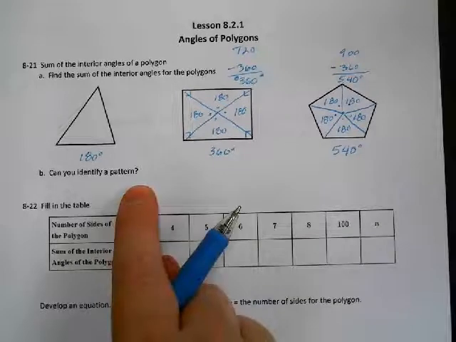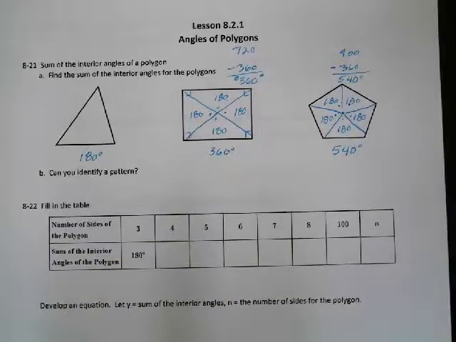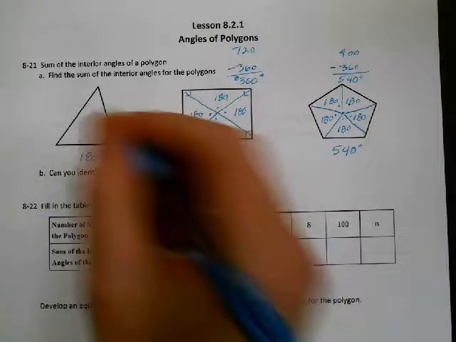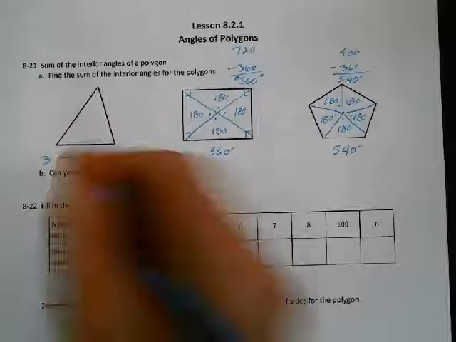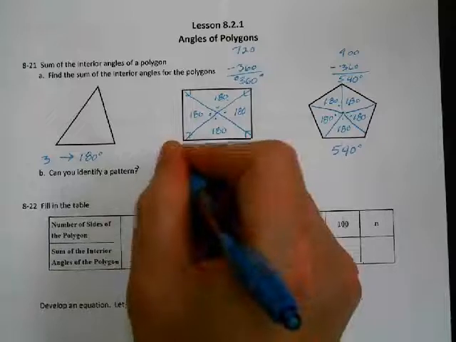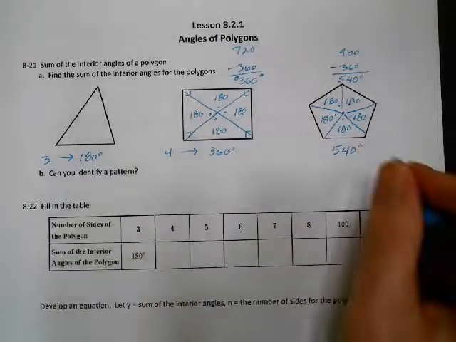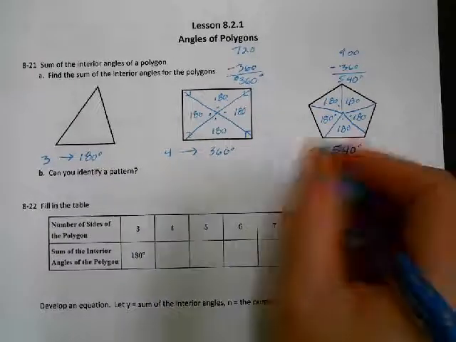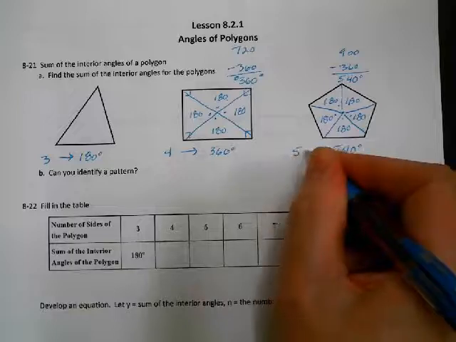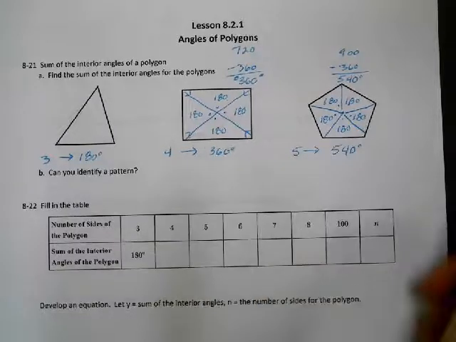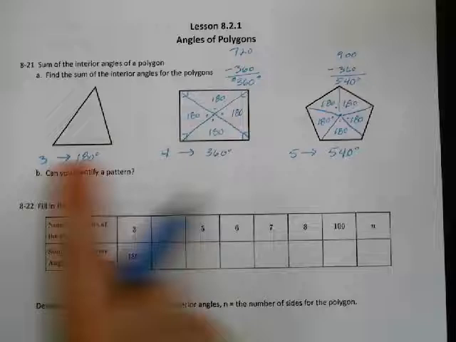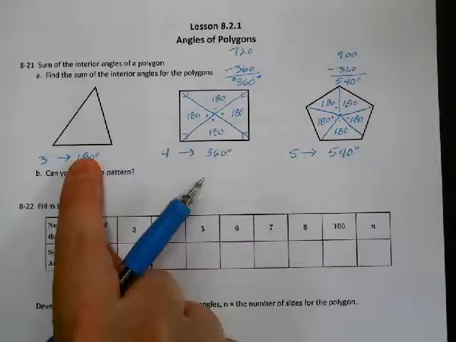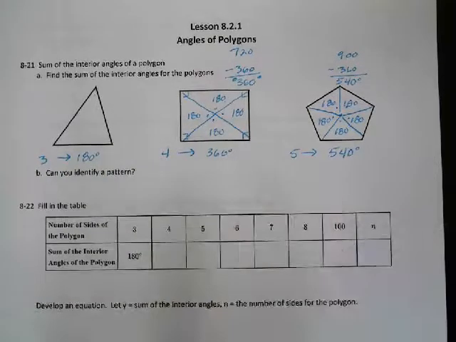Can we identify a pattern? Okay, so here I had three sides, and that gave me 180 degrees. Here I had 4 sides, and that gave me 360 degrees. And now I have 5 sides, and that's giving me 540 degrees. So what's the pattern? Each time I add a side, what's happening with the sum of the interior angles?